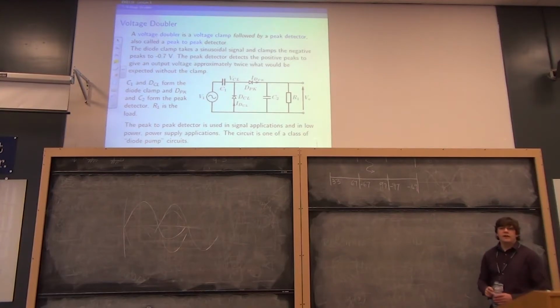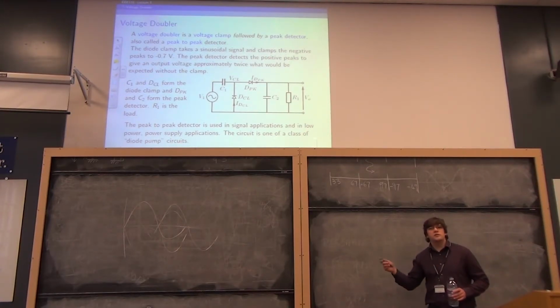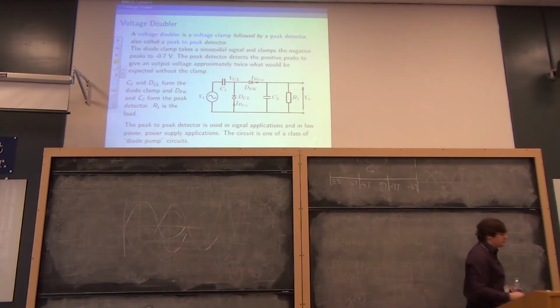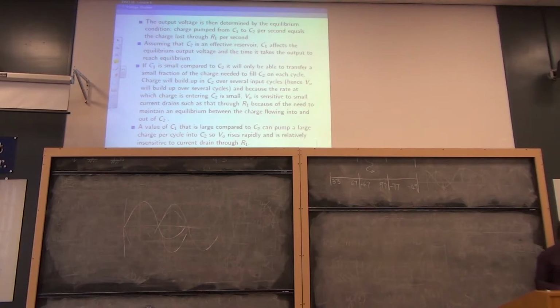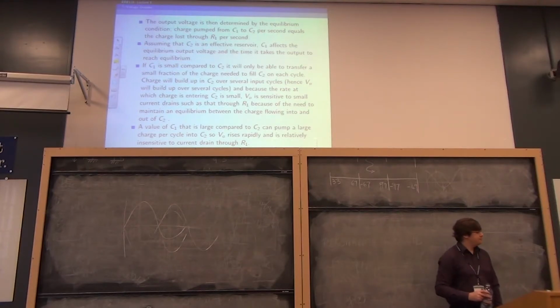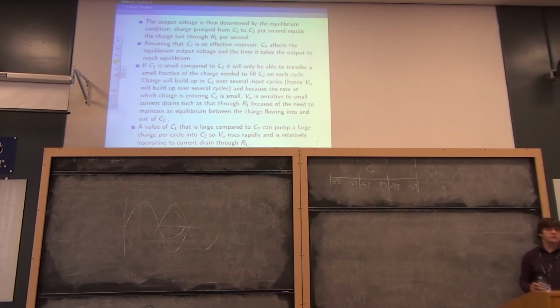And we can say, well, what will the output voltage be? Well, there's a limited amount of charge available, and it's the charge which is available to be transferred between the capacitors. So we can say, assuming C2 is an effective reservoir, assuming it holds plenty of charge for our application and is not likely to be discharged within a half cycle, C1 affects the equilibrium output voltage and the time it takes the output to reach this equilibrium.